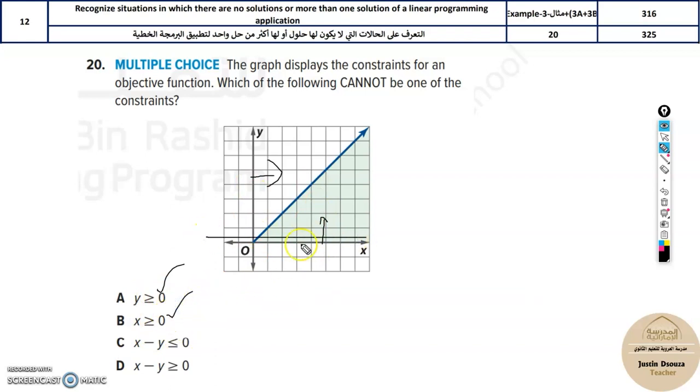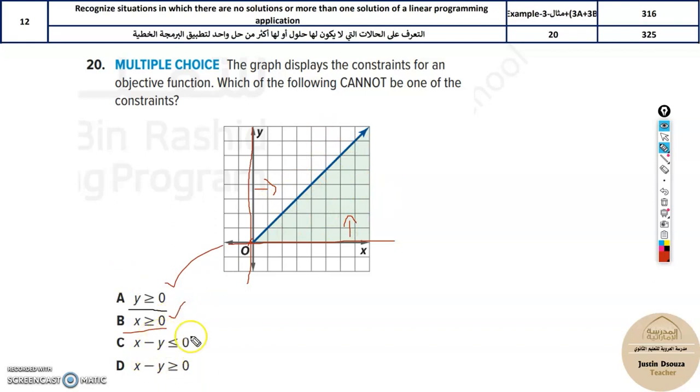Sorry, I'll just make it proper. Y is greater than or equal to 0. That means, let me draw it in another color, the y point is over here. Draw a straight line and draw an arrow up. Yes, this is correct. Now, next, x is greater than or equal to 0. Draw a straight line. Is the solution region at the right side? Yes, this is also correct.